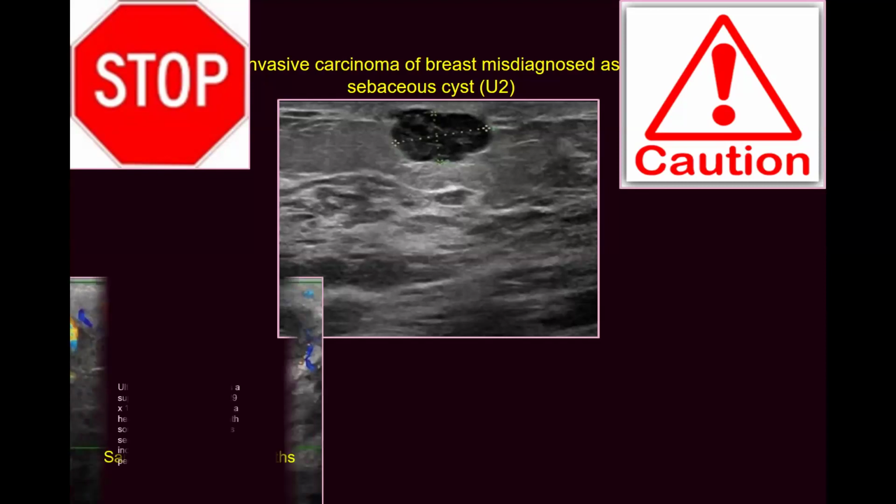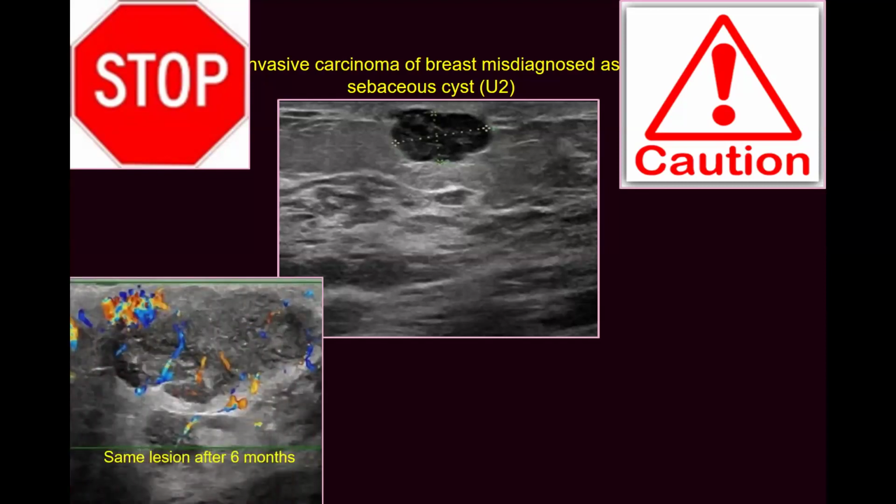At least, the patient came after 6 months, and she presented with the lesions getting larger and more vascular. They suggested inflamed or infected sebaceous cyst and gave the patient antibiotics.